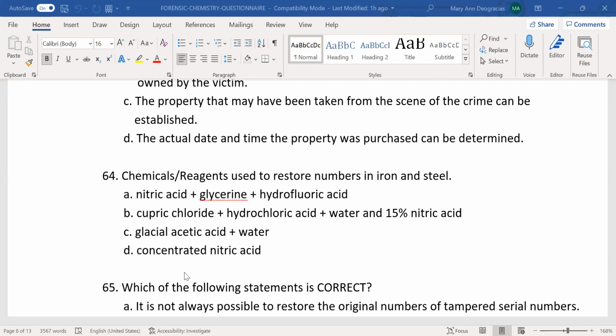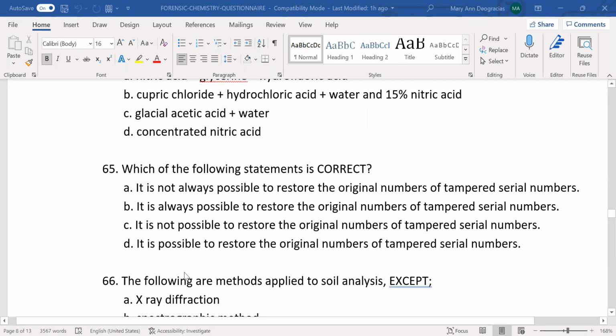Ayan. Next, number 65. Which of the following, hindi pa ba natin natatapos to? Which of the following statements is correct? A, it is not always possible to restore the original numbers of tampered serial numbers.